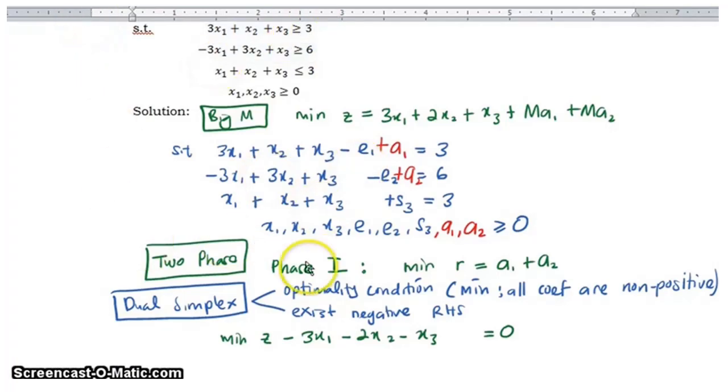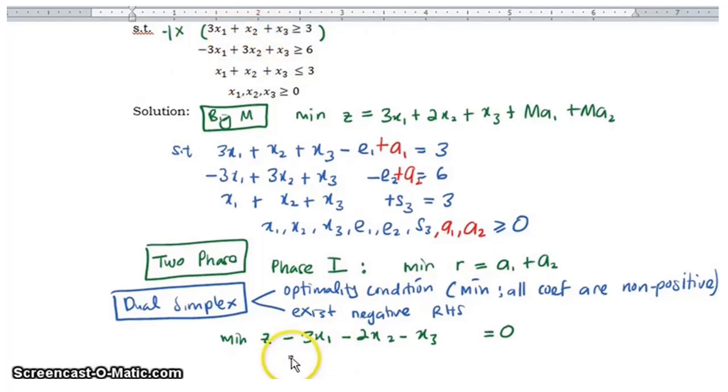We need to multiply the first constraint by negative 1.